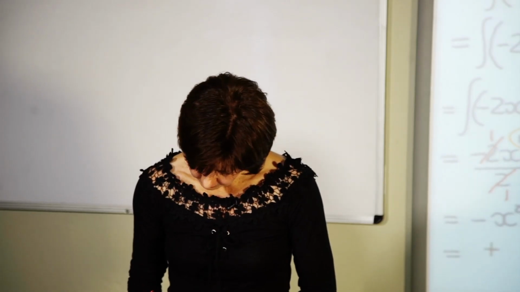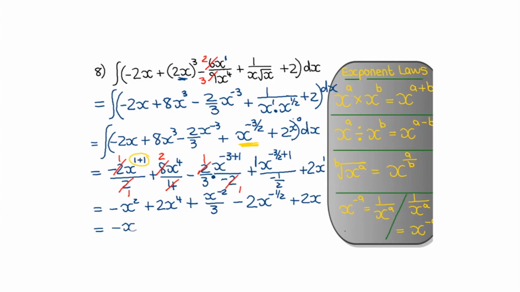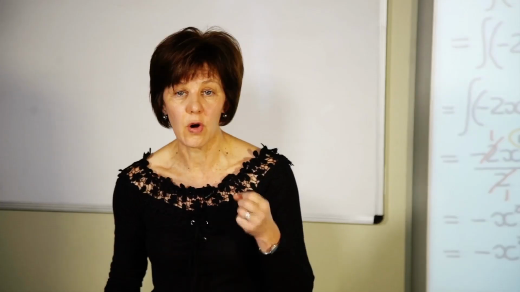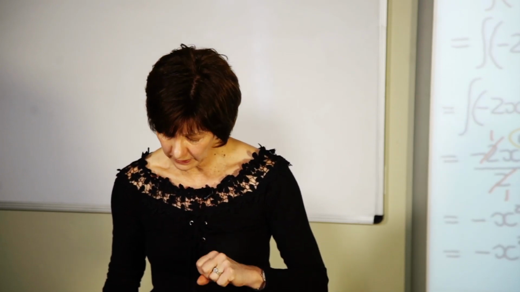So let's quickly wrap this up. It's negative x squared plus 2x to the power 4. Plus I don't want a negative exponent, so I'll bring that x to the power negative 2 to the denominator position, and then it will become positive. Even here, I will take that x to the power negative a half downwards. Now, imagine for a moment I have this x to the power a half in the denominator.